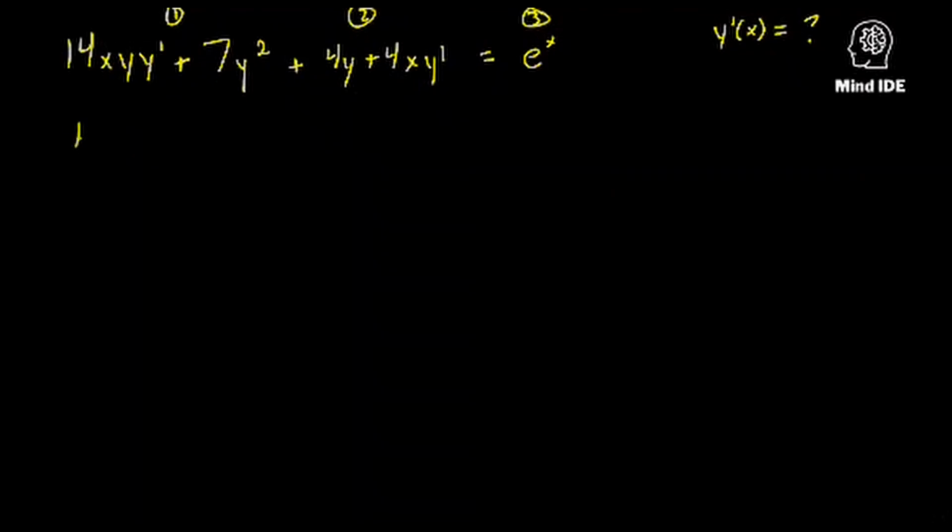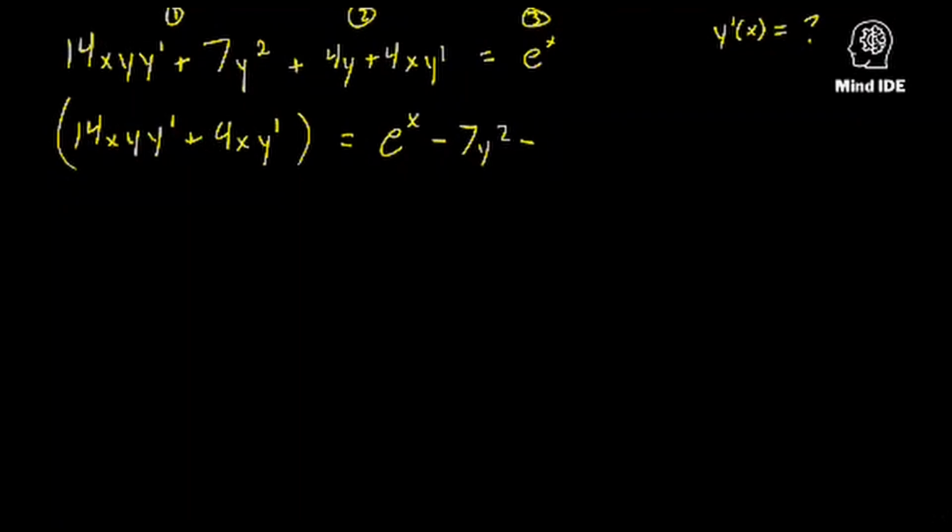So we've got 14xy y prime plus 4x y prime equals e to the x minus 7y squared minus 4y. So all I did was move this and this to the other side.